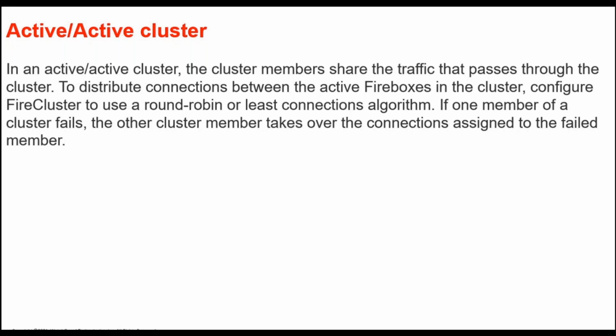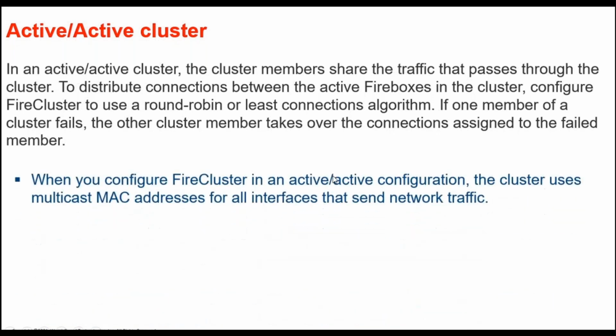Most of the time, if you have both of them, because of the overhead, because of the synchronization that's going to happen, you're going to add around 30, maybe 40%, of extra processing power for that device. So in older days, maybe it made sense to have two devices because one device could not handle the traffic. But it's much better to get a larger model and have it in active passive instead of having it in active configuration.